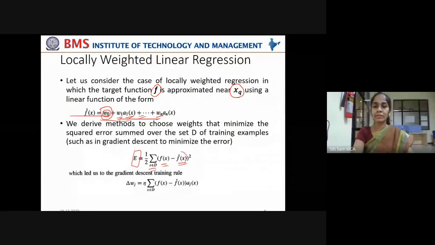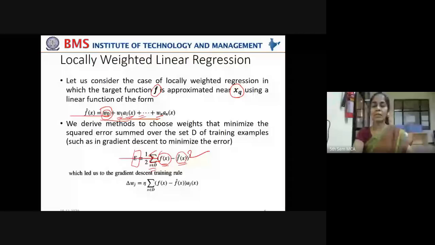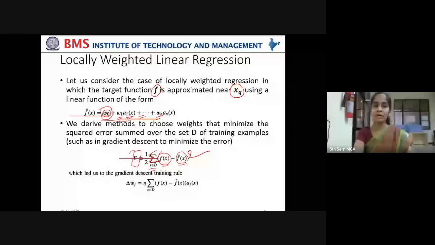And what is the original value that exists for x? What is the difference between them? It will give you the prediction error. Square it, sum them up using sigma, okay, and multiply it by 1 by 2. That will give you the error. So we derive methods that minimize the squared error summed over the set of.